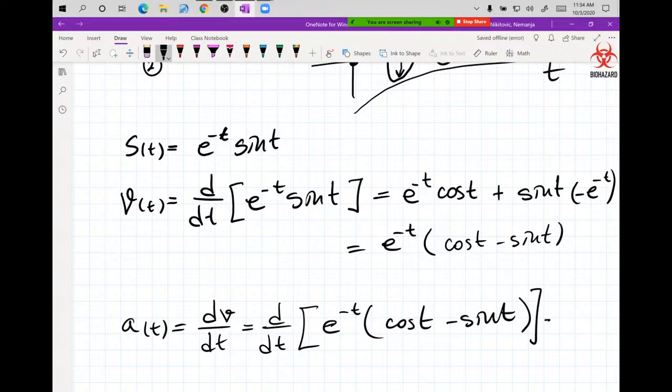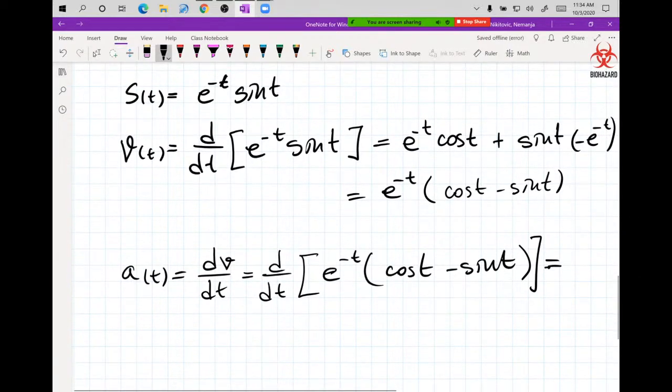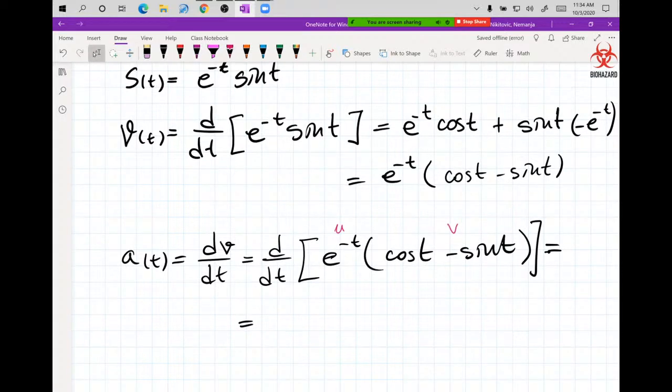So what I would do here is, again, I have my u, I have my v, and then I unleash the product rule formula. Copy the first, derivative of the second. Derivative of a cosine is negative sine. We learned that last lecture. And derivative of sine is positive cosine, so the sign will not change.